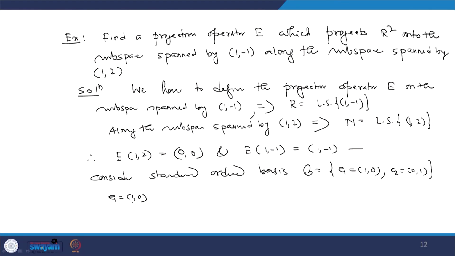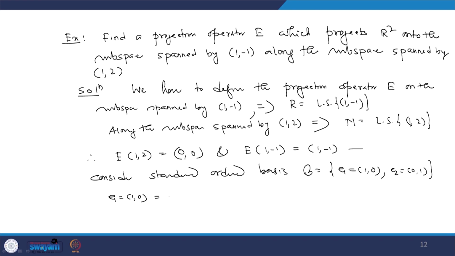So, to find that, I have to express E1 equal to (1, 0) as a linear combination of the two elements (1, minus 1) and (1, 2), because these two elements are linearly independent, as we can quickly check.